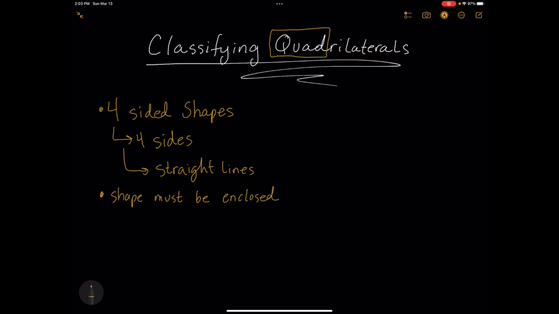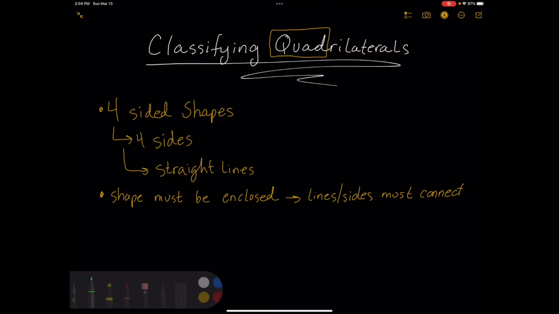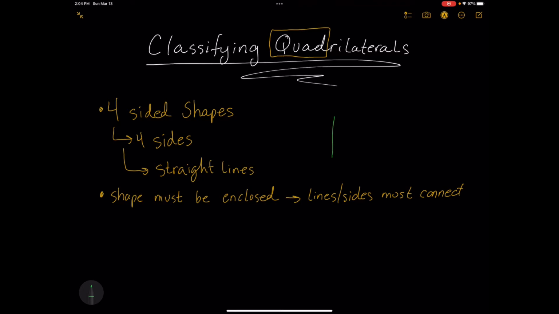So what that means is that another way you can think about it is that the lines or the sides must connect. Okay? So let's just take a little look at what that could look like right here. So a quadrilateral has to have four sides, they have to be straight lines, and they have to connect. It has to be enclosed.